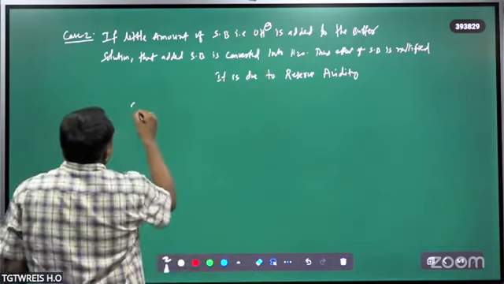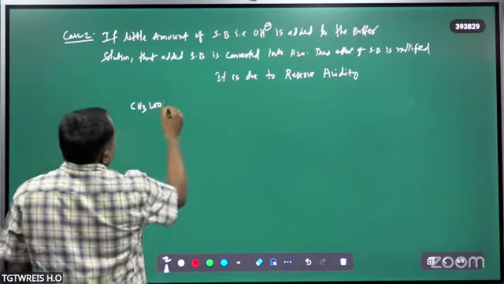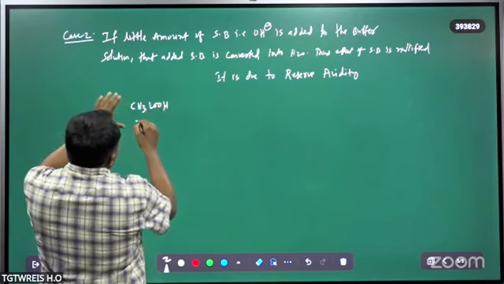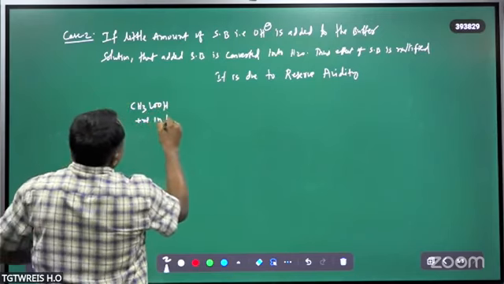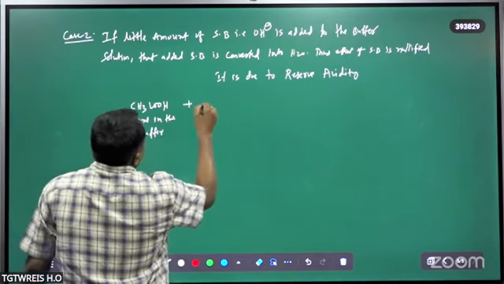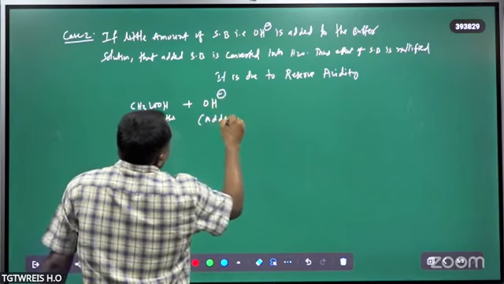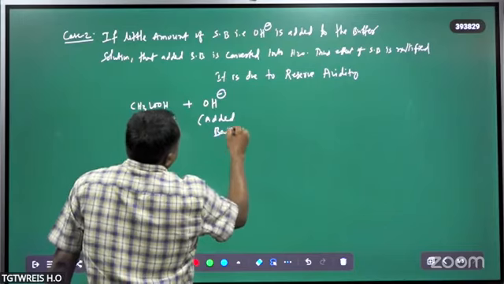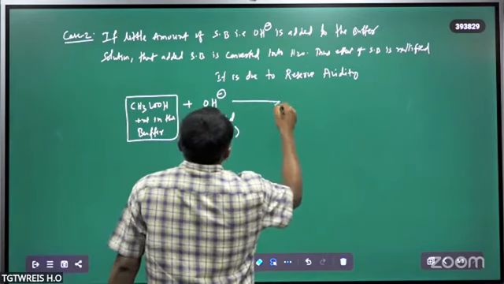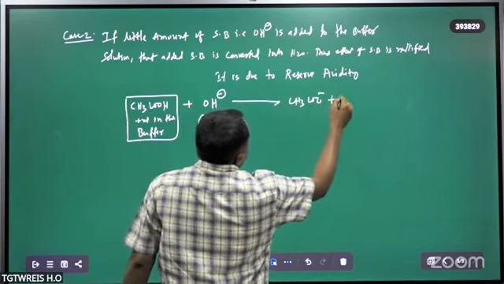So CH3COOH is present in the buffer solution. When this buffer solution reacts with the strong base, this is the added base, it converts the acetic acid into CH3COO minus plus water.